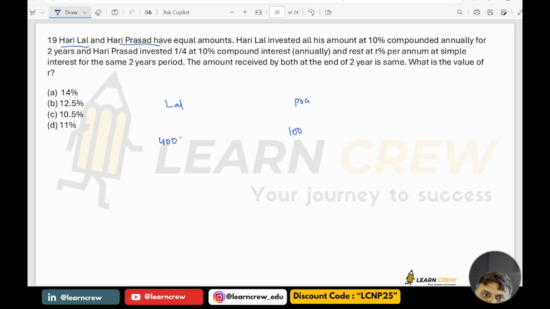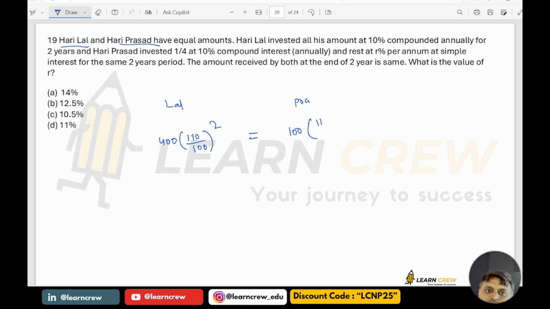So 400 into (1 plus 10 by 100) squared, which is 110 by 100, for 2 years completely. This is the total amount. And Prasad: 100 for the first year. What is given here? Please understand clearly.